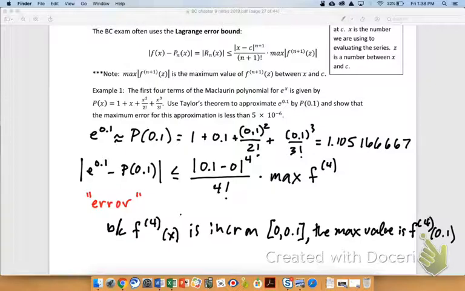Yep. So the max value of this 4th derivative would have to be happening at 0.1.